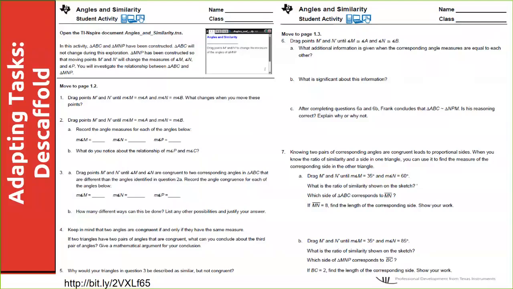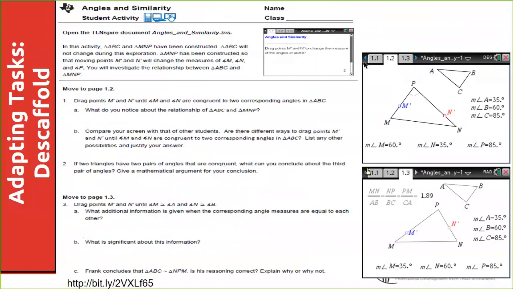All right, so we're going to jump forward here, and we're going to look at an adaptation, and I'm actually going to share that in a couple of fashions. So page 1.2 in this TI-Nspire activity, we see here on this page, and I've adjusted the M prime and N prime to get 60, 35, and 85 degree angles, and took a screenshot of that, and then I did the same thing on 1.3.